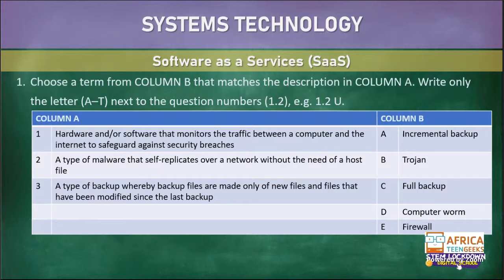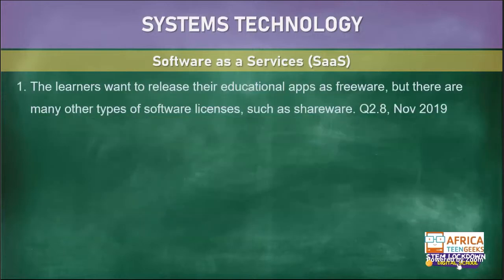It's not a full backup, because with a full backup, you are replacing whatever you have with a new file. Whereas the incremental only adds to what is already there. So the first one, the answer is E, which is firewall, and then G, the second one, computer worm, and then A, incremental backup, for number 3.